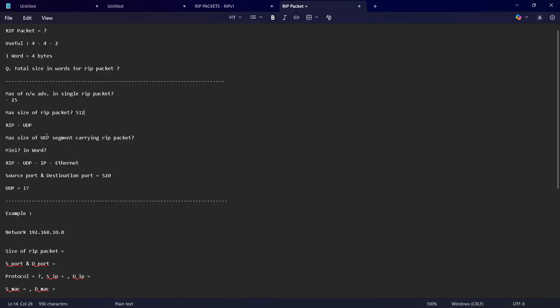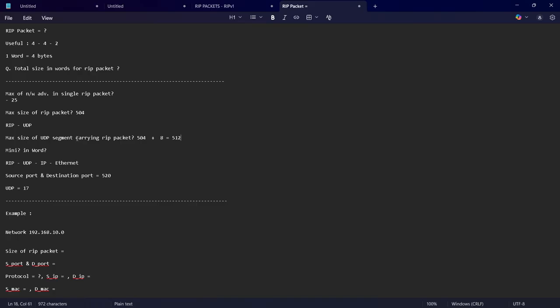So the maximum size for the UDP segment carrying RIP packet, the total PDU will be 504 for RIP and for UDP header 8. So all total it gives us the value 512. So this is the maximum size of the UDP segment carrying RIP packet.